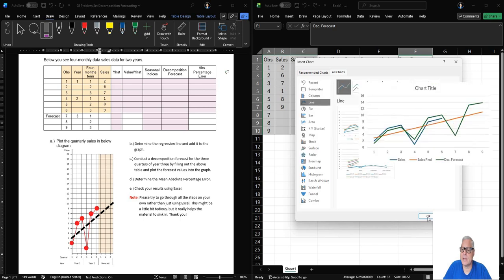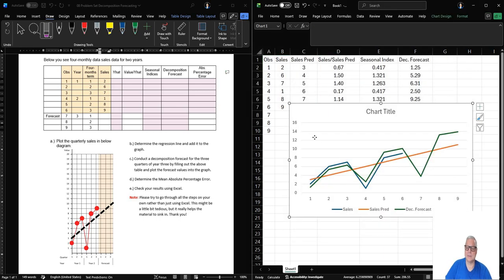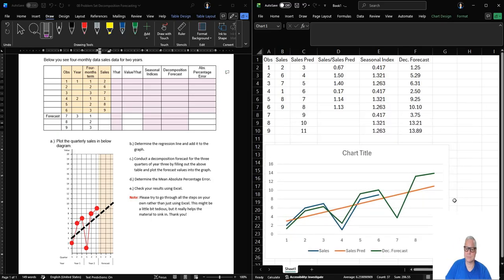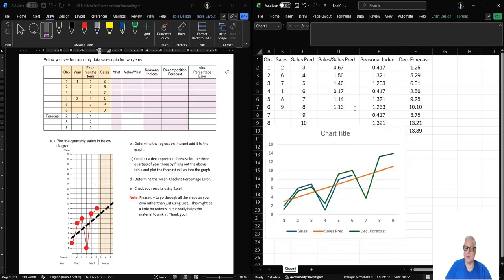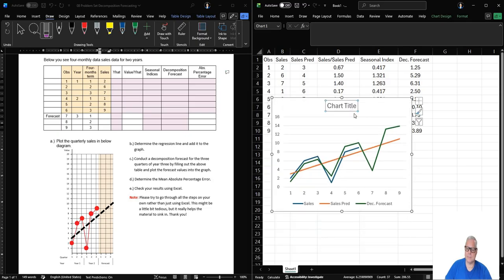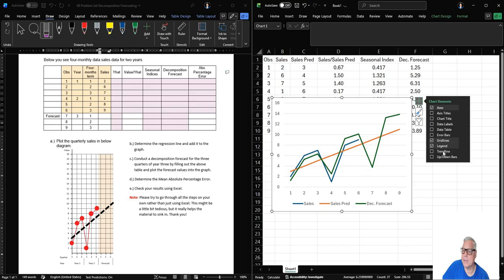Yeah, that looks nice. We don't need a header. We know that on the x-axis we have the period, but let's clean that up a little bit and say maybe we want vertical grid lines. That always looks good.